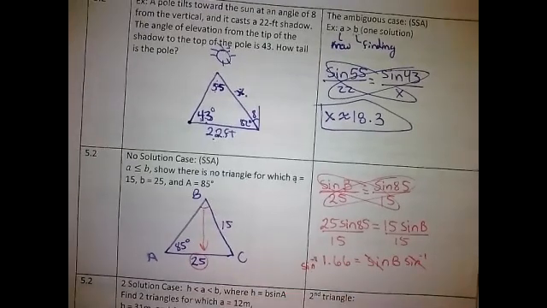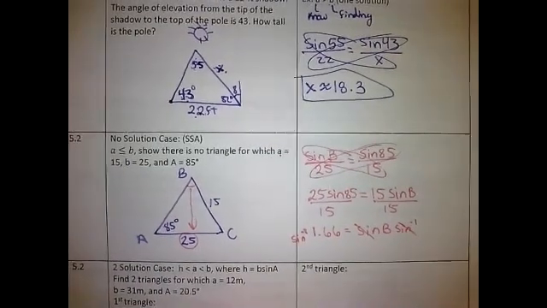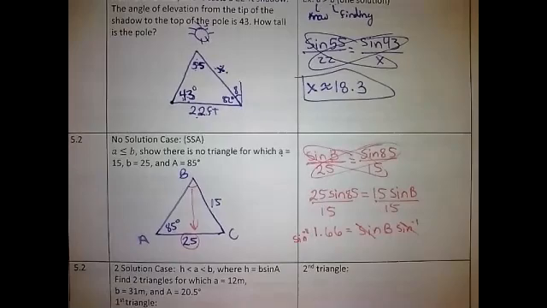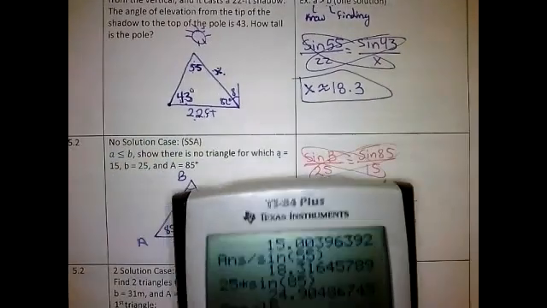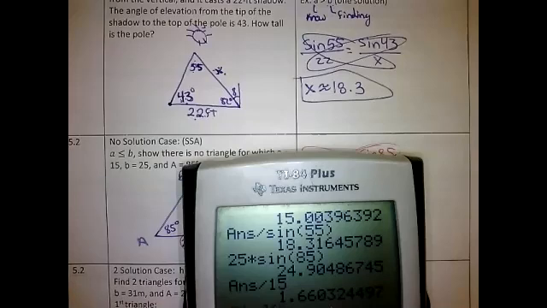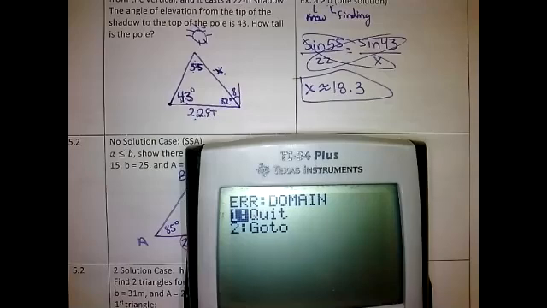Let's think back to our unit circle. What is the highest value sine can have in our unit circle? Well, the highest value it can have is 1. So if I plug in inverse sine of that answer, I'm going to get an error because my domain is not valid.